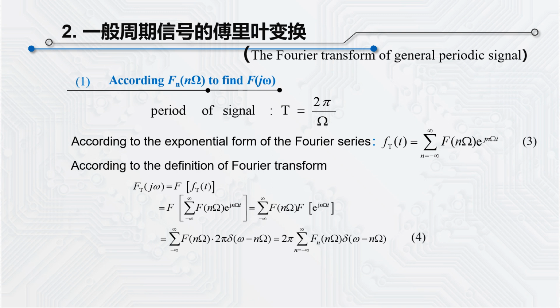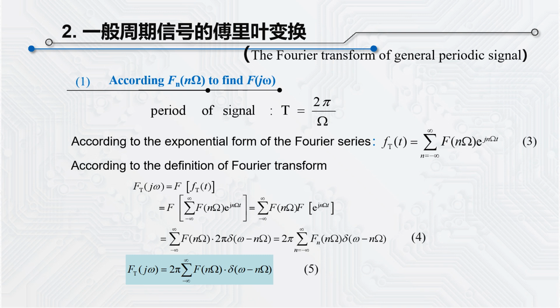According to the definition of Fourier transform, when we solve the Fourier transform of f(t), we can replace f(t) with formula 3 and exchange the order of summation and Fourier transform. Then we can get formula 4, which can be abbreviated to formula 5.